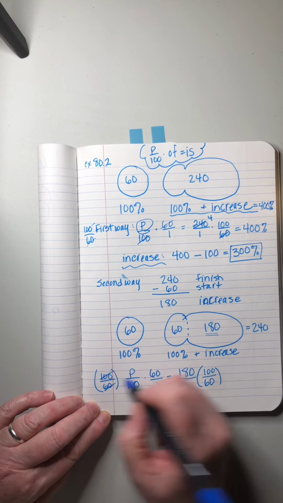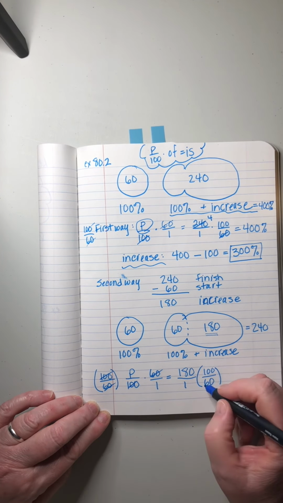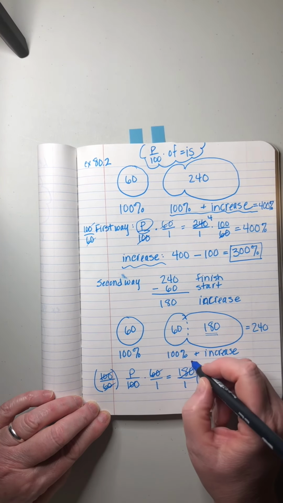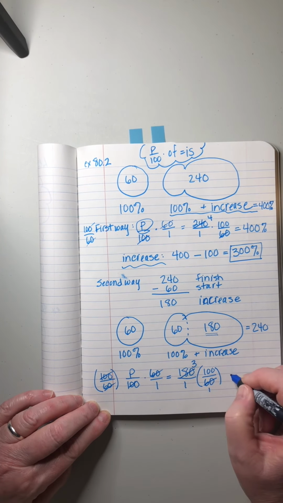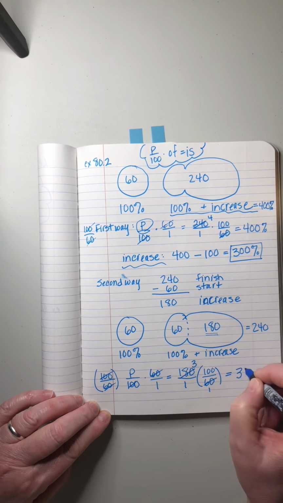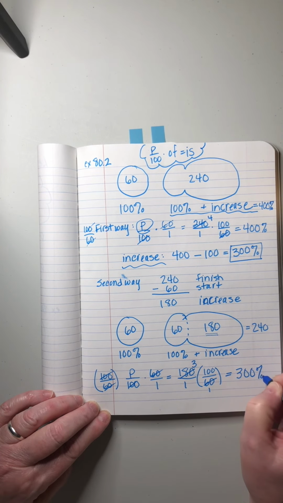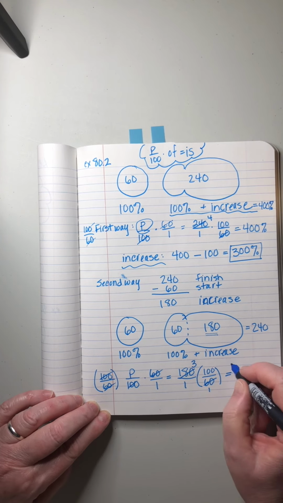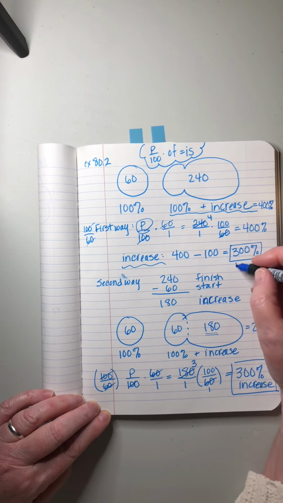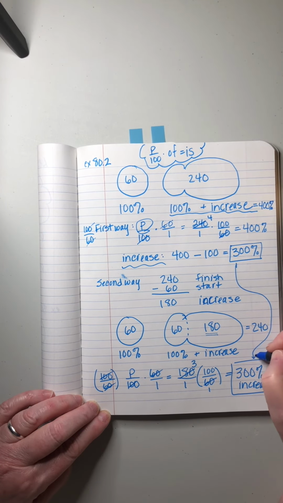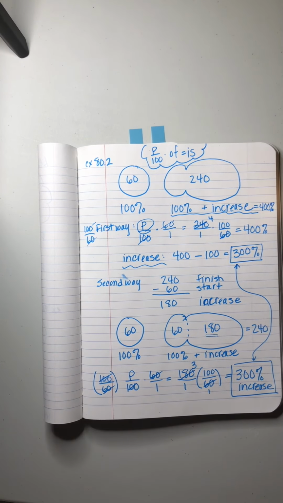This all cancels, yay. 60 goes into 180 3 times, right? One's on the bottom, we're done. 3 times 100 equals 300 is the percent of the increase. And look, that's the very same answer we got there. So what that tells us is either strategy will work.